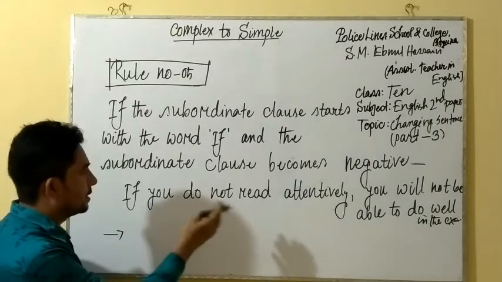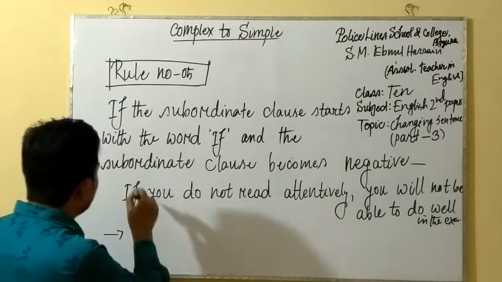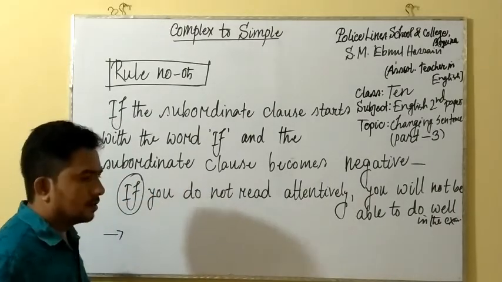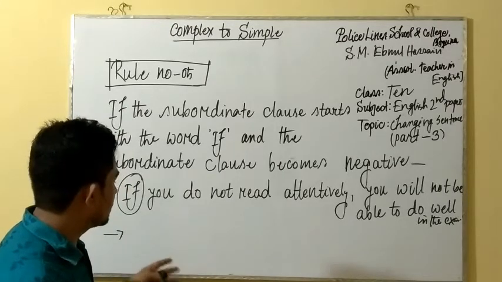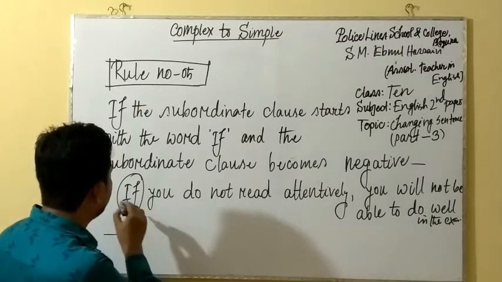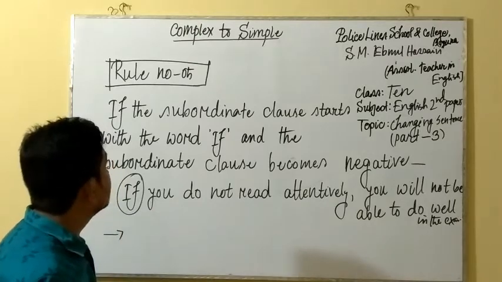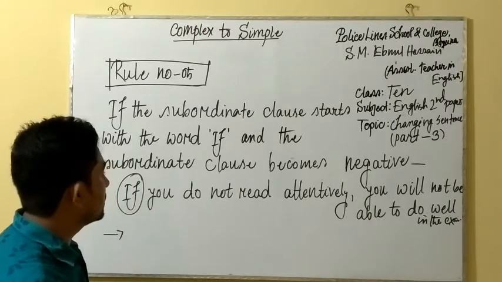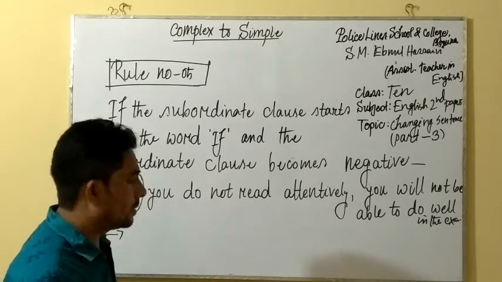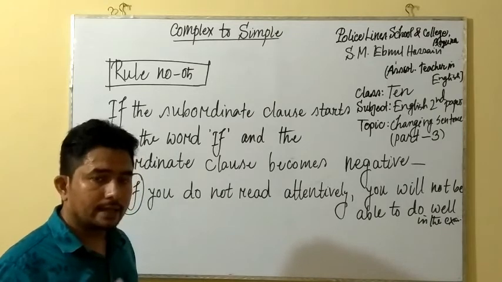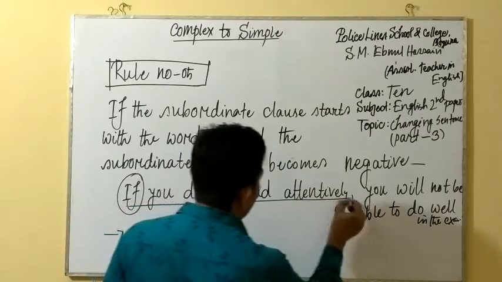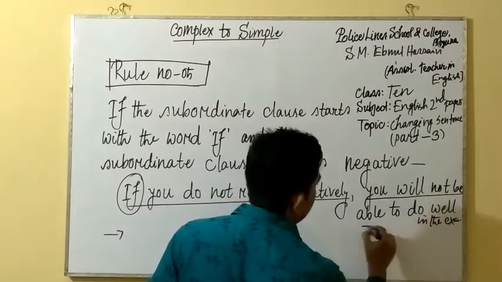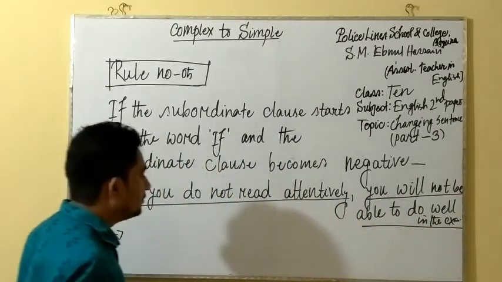This is the complex sentence, and you know that if is a subordinate conjunction, and if the clause starts with the word if, then it is the subordinate clause, and a complex sentence must have at least one subordinate clause. So this is the subordinate clause and this is the principal clause.